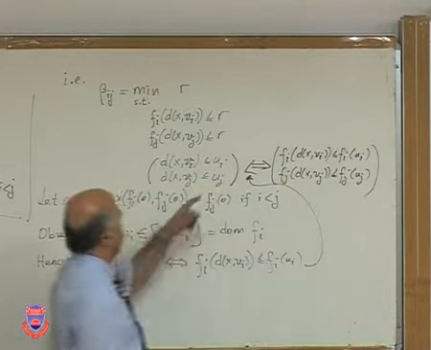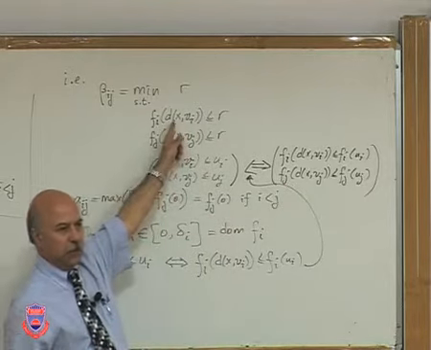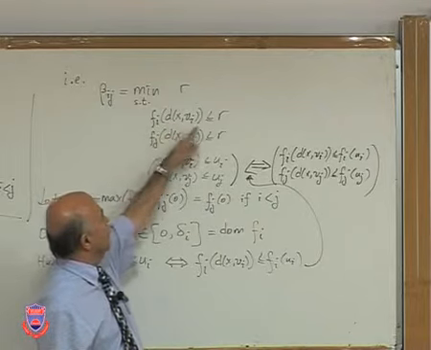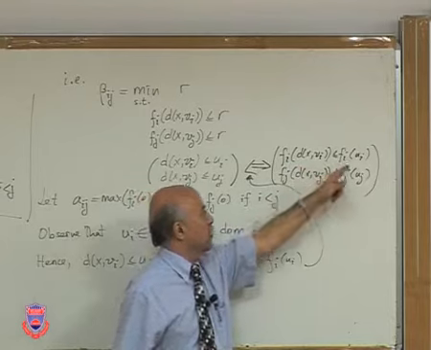So, since those two constraints are equivalent to these, when you look at them in combination with the first two constraints, you've got fi of d(x, vi) less than or equal to r, and you've got fi of d(x, vi) less than or equal to fi ui.